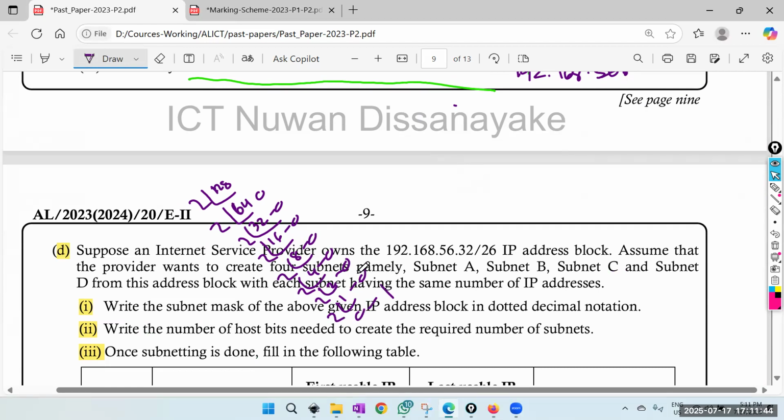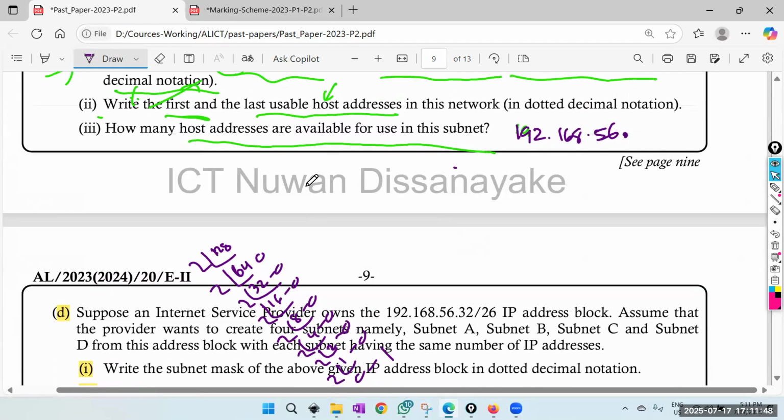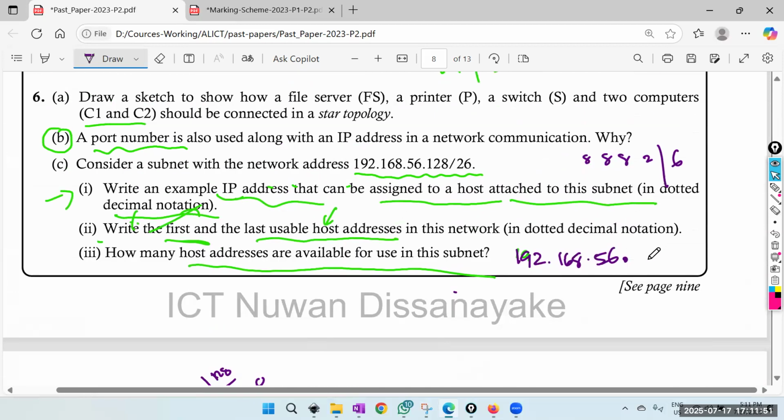So it is 1 and 7 zeros. So that is the IP address range, and this is where it is separated. This is 8.8.8.2, /26 in CIDR notation.